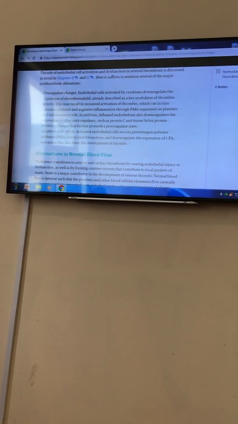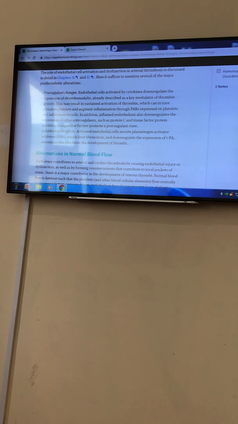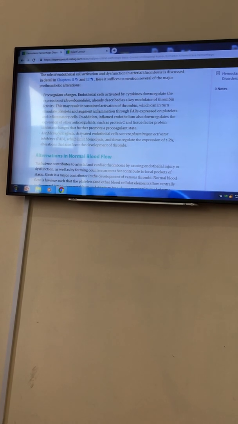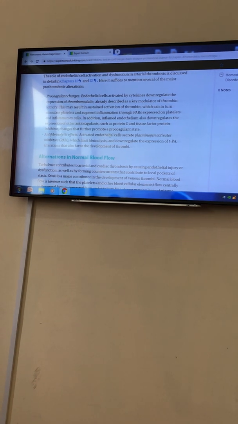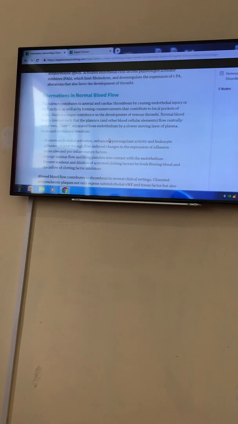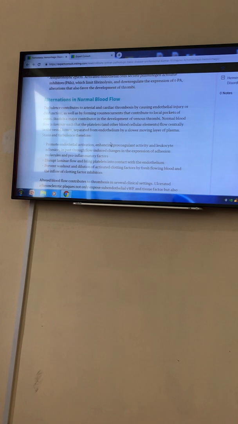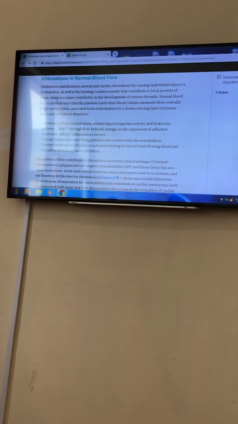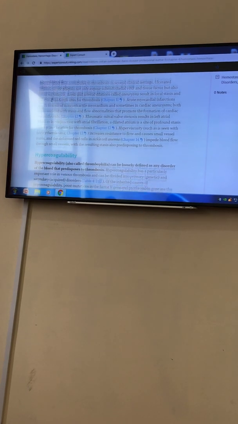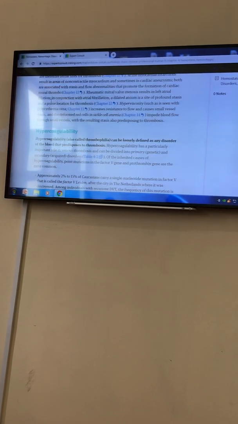Thrombomodulin is decreased, and instead of having fibrinolytic effects, it will have antifibrinolytic effects. So an activated or injured endothelial cell is thrombogenic. And alterations in normal blood flow that I explained, laminar to stasis or turbulence.